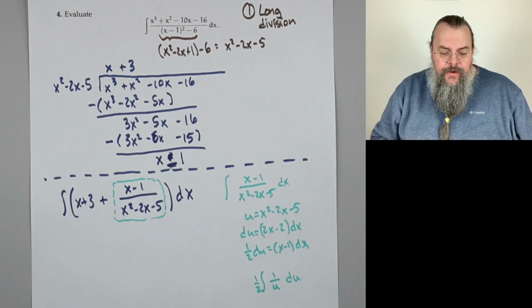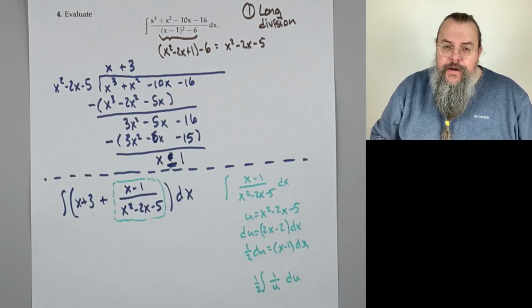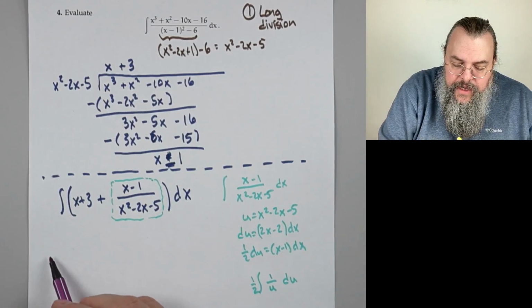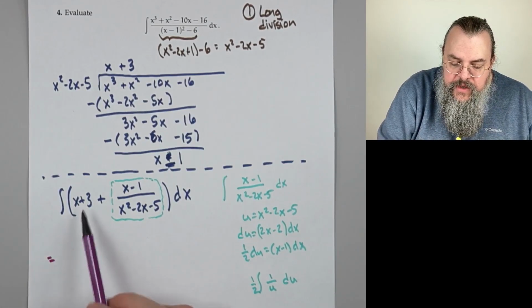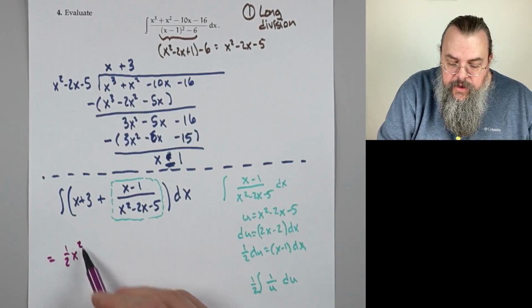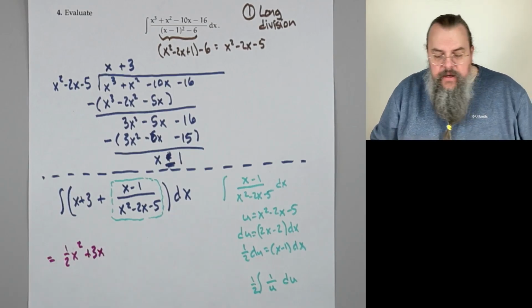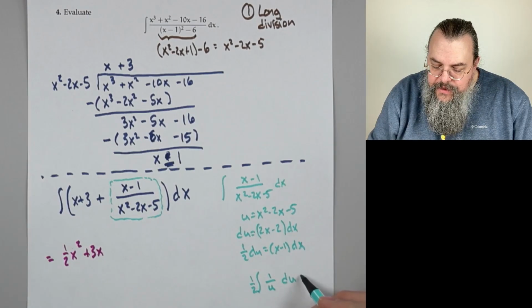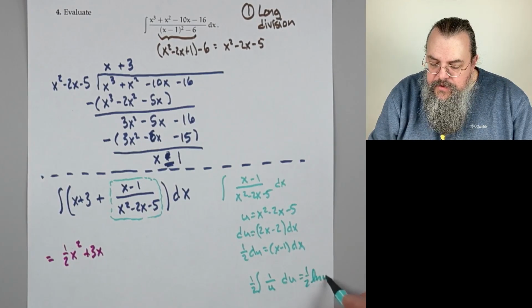All right, so we now update our problem in progress. Say, hey, what do we have? Well, actually, we can just about write it down now. So the integral of x is a half x squared. The integral of 3 is 3x. And, well, we didn't finish this one, but of course, we know the integral of 1 over u is log of u.